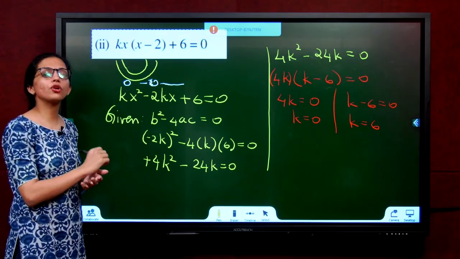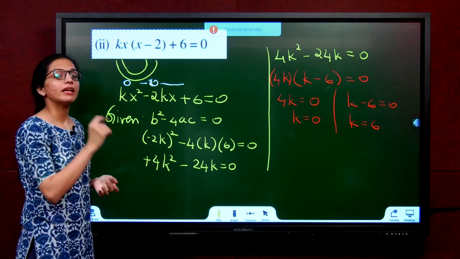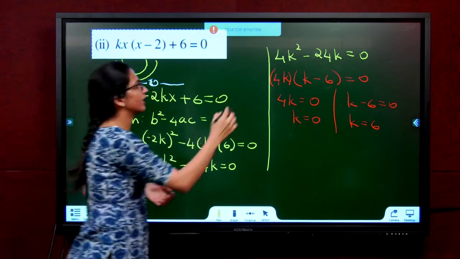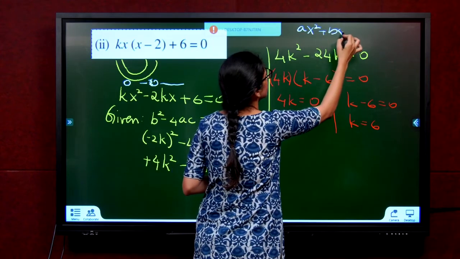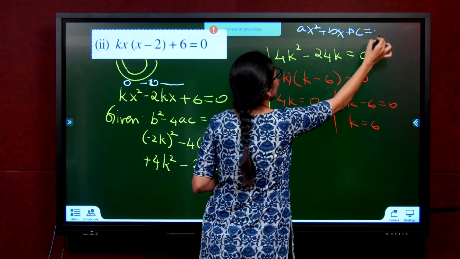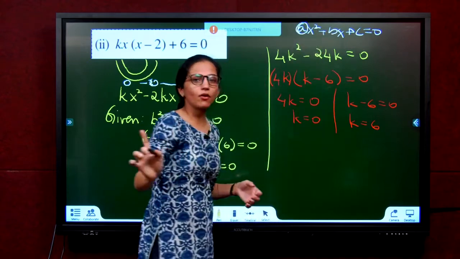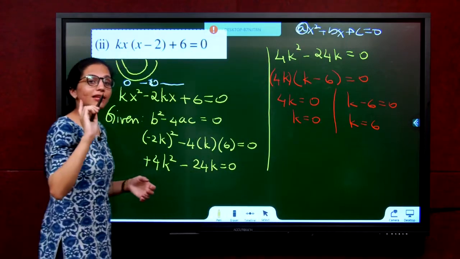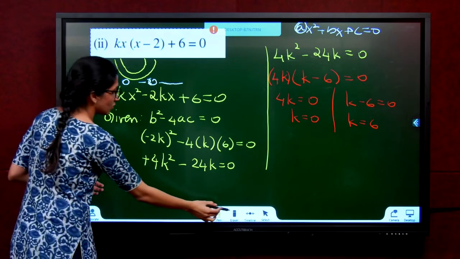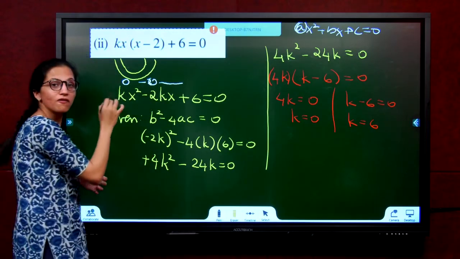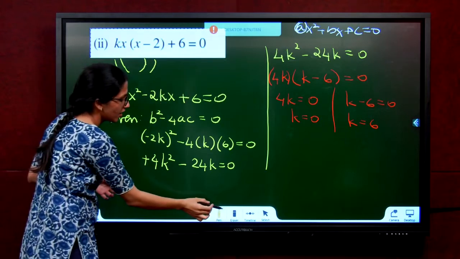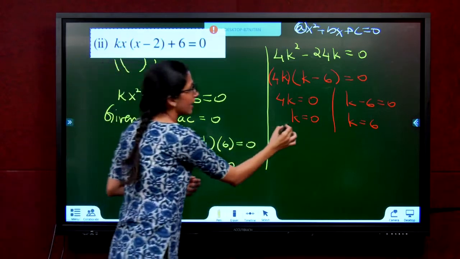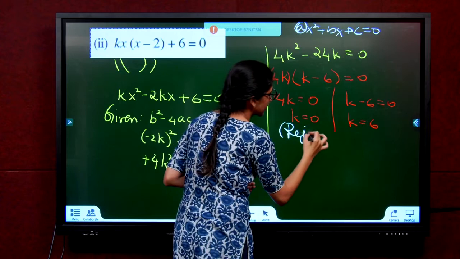What is the first rule we learned in a quadratic equation? In a quadratic equation, ax square plus bx plus c equals 0, a can never be 0. Why? Because the square term cannot vanish. So, if k is 0, first term vanishes. That is not allowed in a quadratic equation, which is why we will say that we are rejecting this.